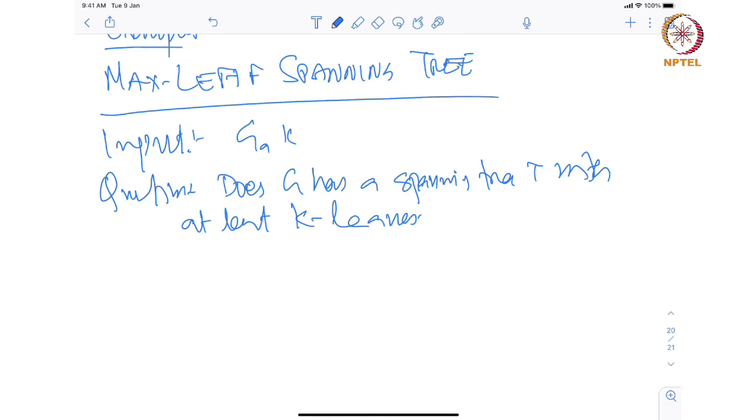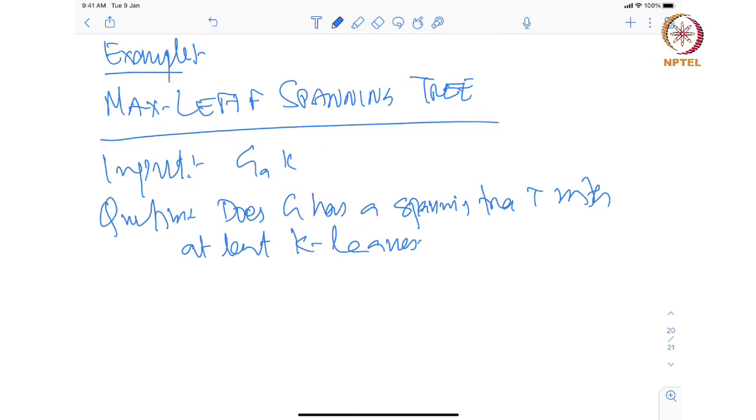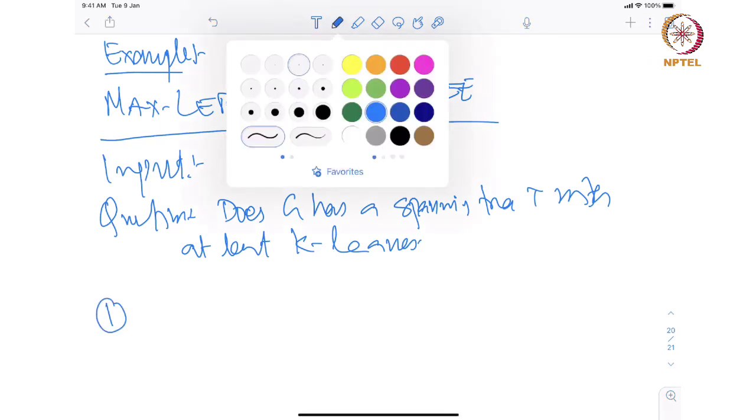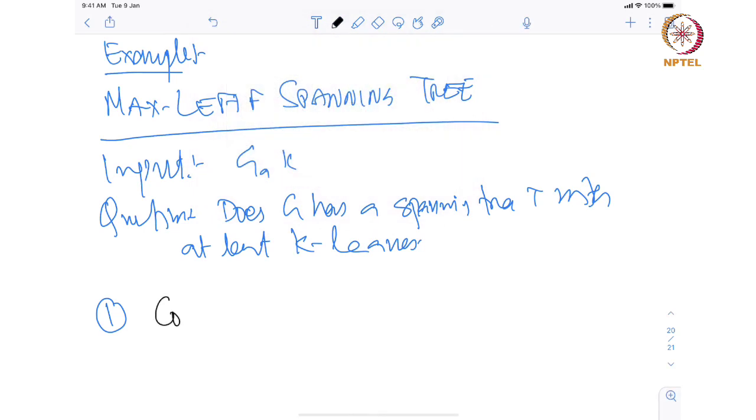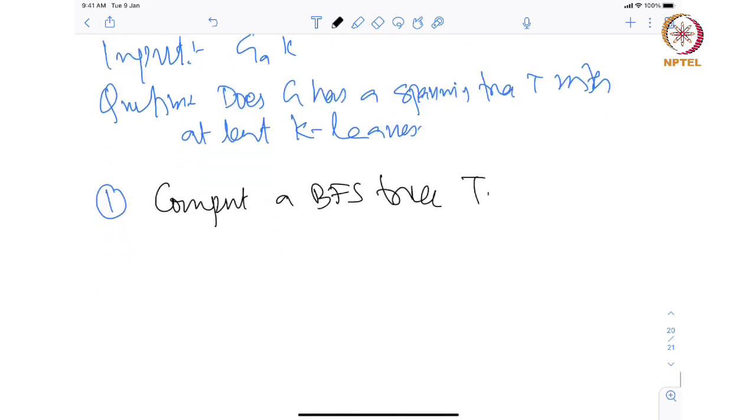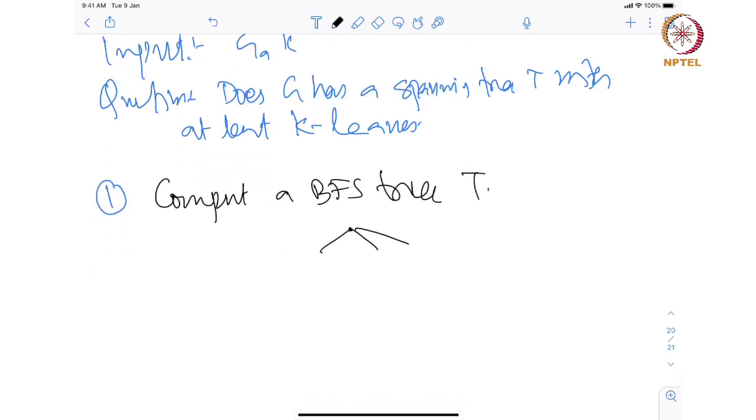So, what will we do? The algorithm is as follows. Compute a BFS tree, say T. So, I have computed a BFS tree.